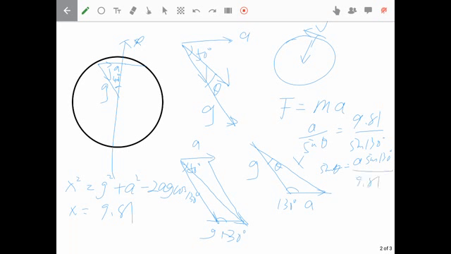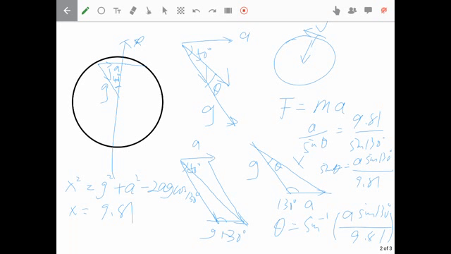When you find this value, use sine minus 1 to find theta. So theta equals sine inverse of A sine 130 over 9.81. Are we using 9.81? Use 9.81 because we need x.